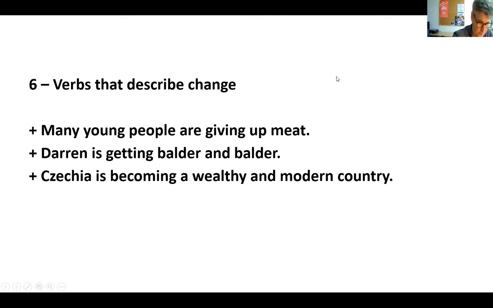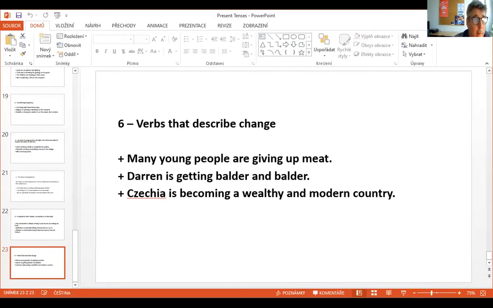So basically what I wanted to do is just go over those things and highlight the difference today between present simple and present continuous. And remember the main ones: present simple, facts and routines.